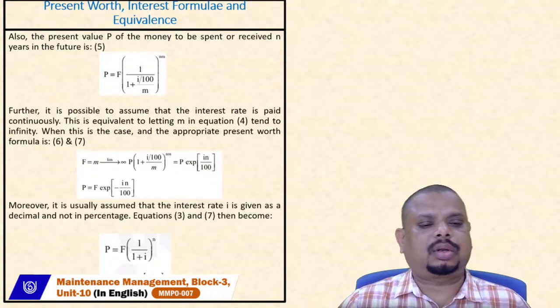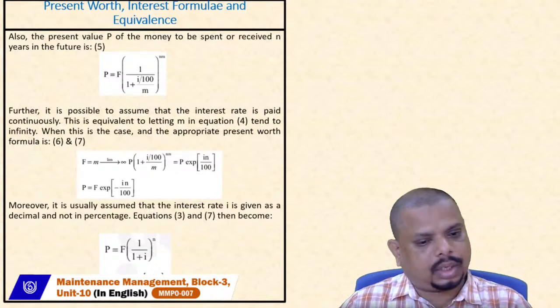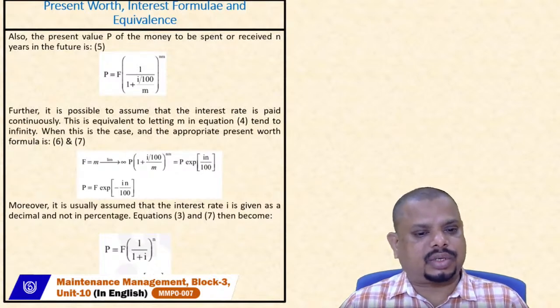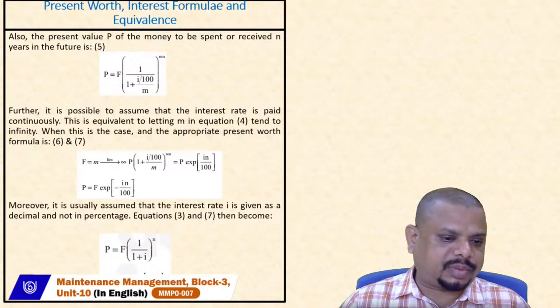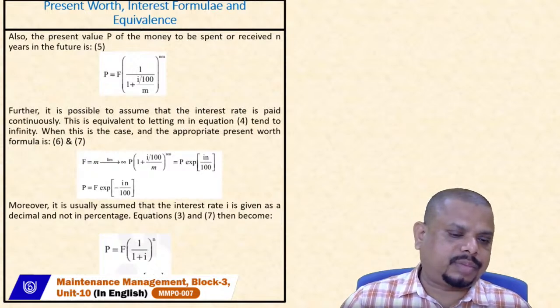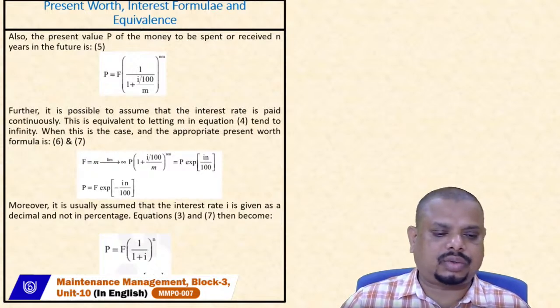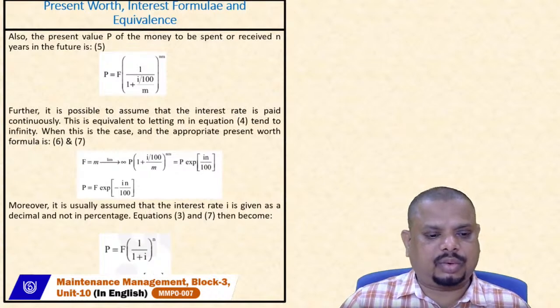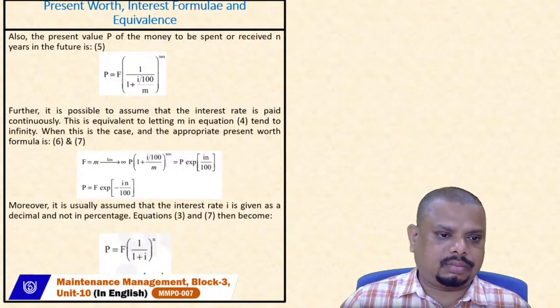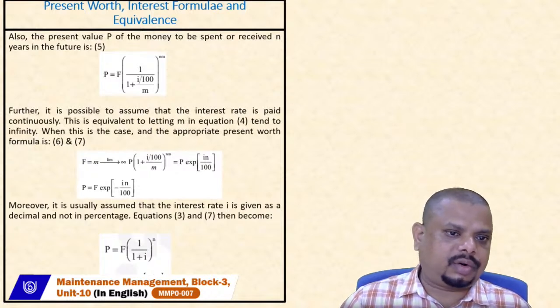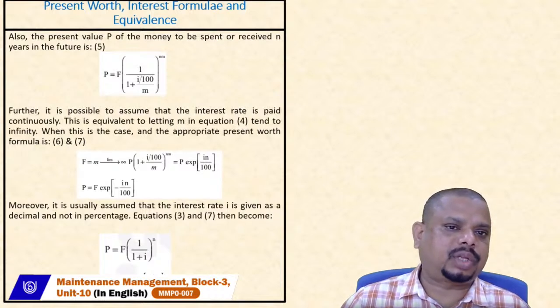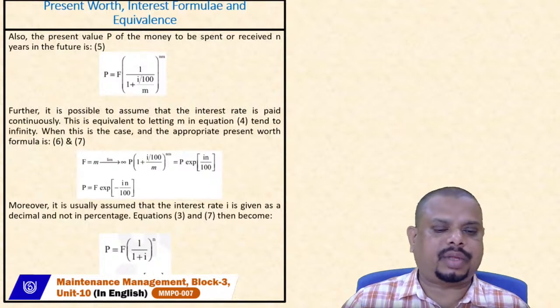Moreover, if you go further by equating equation 3 and equation 7, the principal amount equals the present worth, exponential of minus I, the interest rate, with n standing for the number of years. These are the formulas basically used to calculate the present worth, rate of interest and number of years.